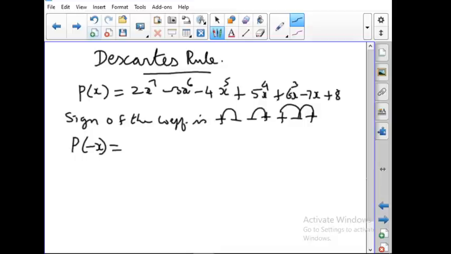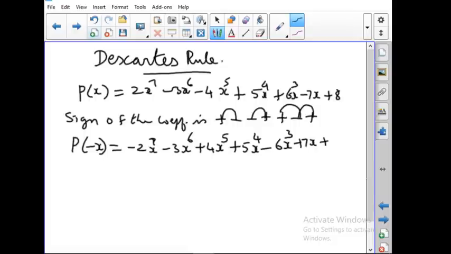So this becomes now minus 2x power 7 minus 3x power 6 plus 4x power 5, because minus x we take for minus x, then plus 5x power 4, here power is even, so remains the same. Here power is odd, so it changes, and here power is odd, therefore plus 7x plus 8.